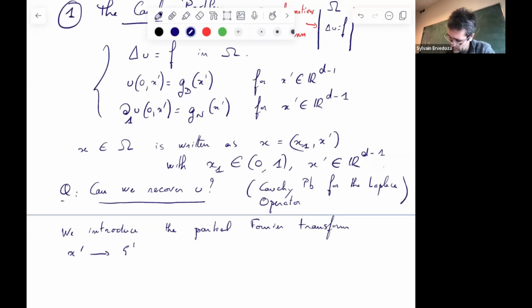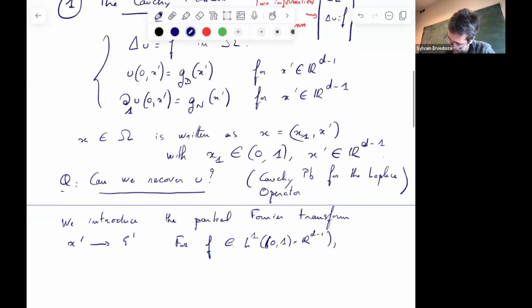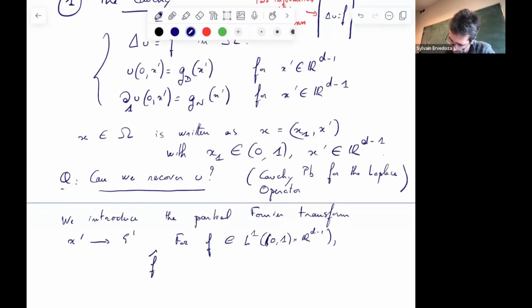Okay, so for f in, let's say, L^1 of the strip, I set f hat of (x_1, psi') equal to 1 over (2 pi) to the (d-1)/2, let's say.